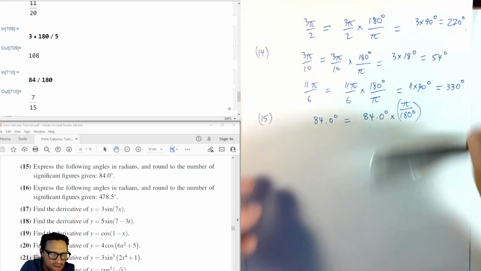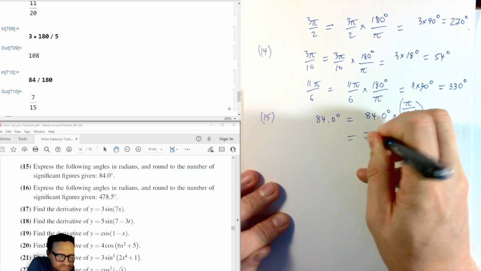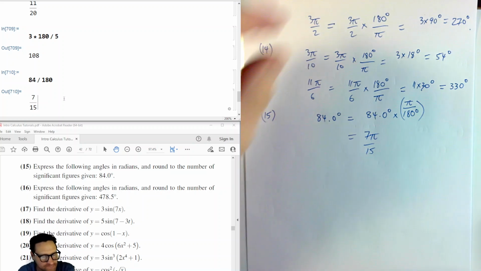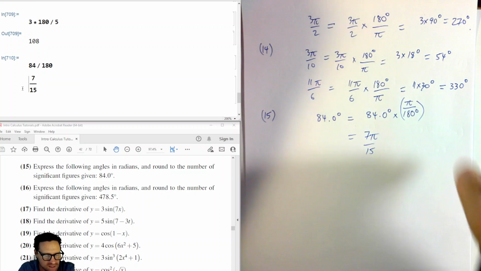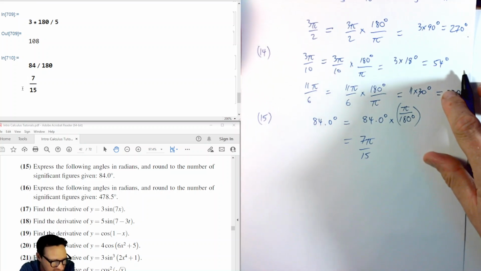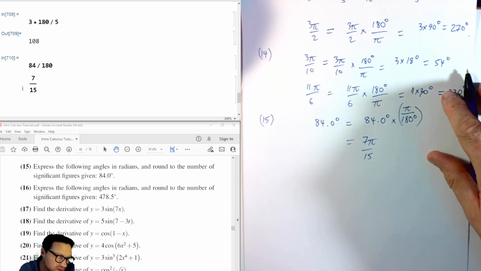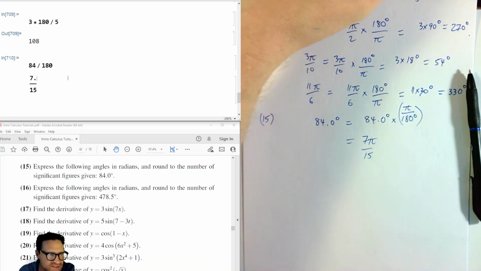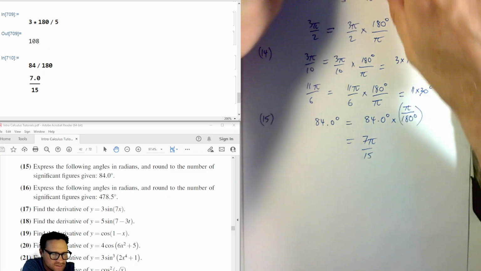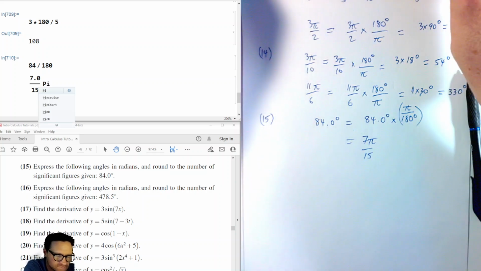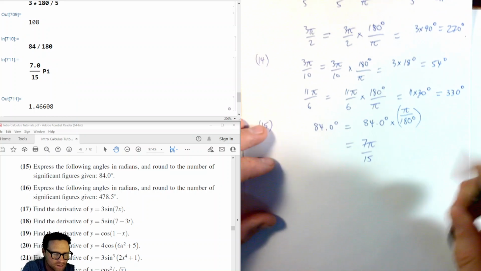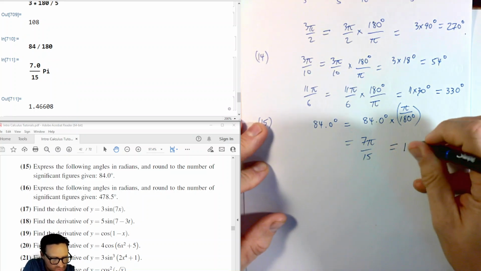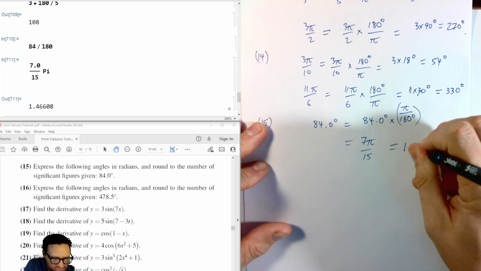So we have 7π/15 radians. Now we need to express this as a decimal number and give the result in 3 significant figures. So I'll put 7.0 over 15 times π, and we get 1.466, but in 3 significant figures, this is 1.47.